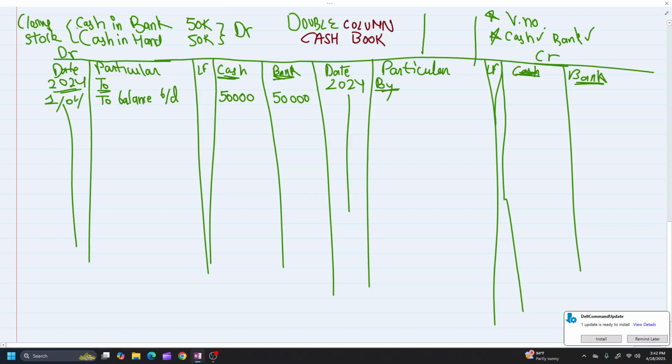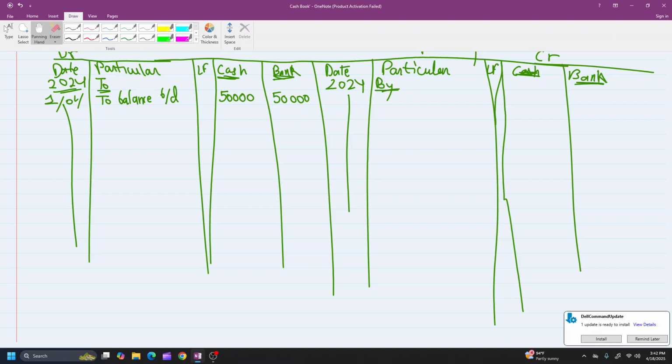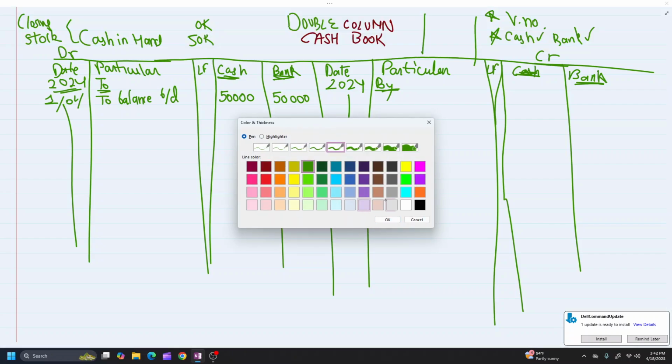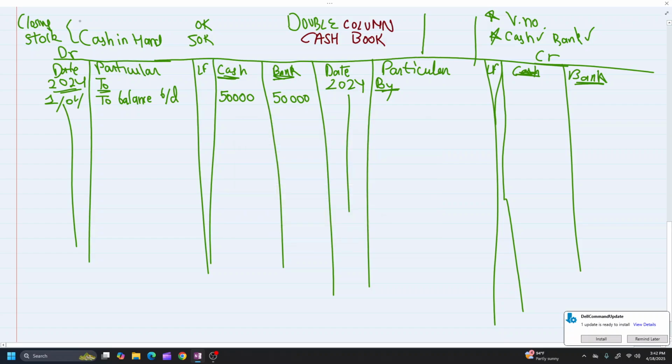Now let's assume that in the question it's given bank overdraft. Now to the students who don't know what overdraft is, let me first tell you. There is a bank, and I'm talking mainly about the huge firms.